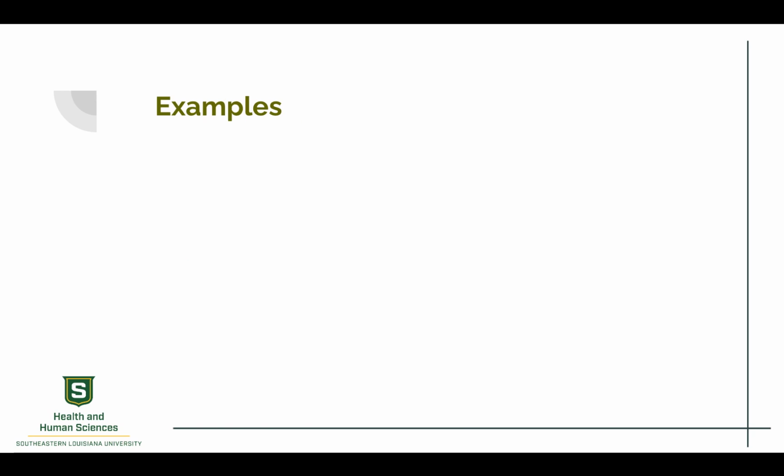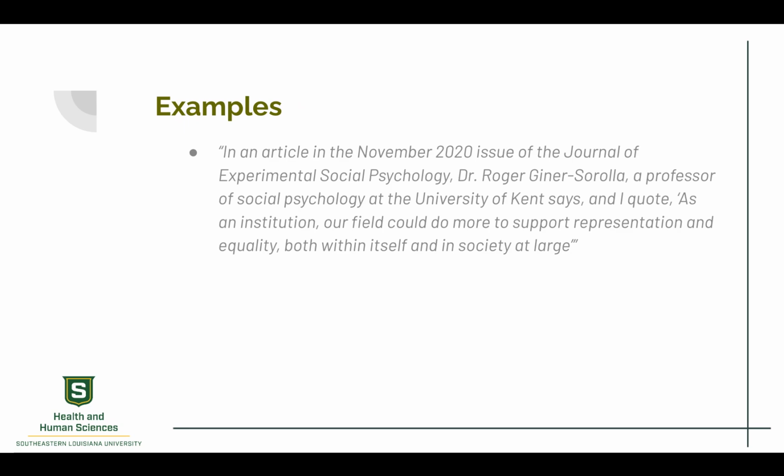So this is an example of an oral citation that's been written out. This citation includes a quotation, and it includes a number of pieces of information. One example is the publication date, November 2020.